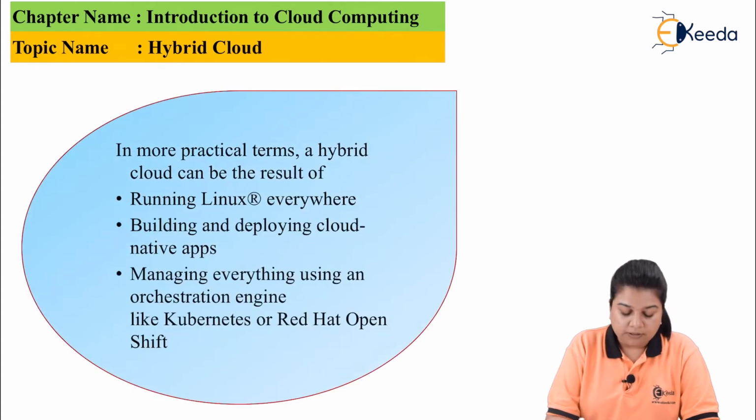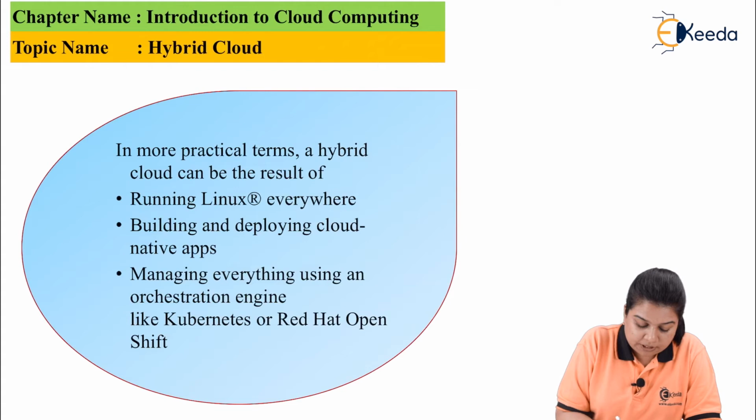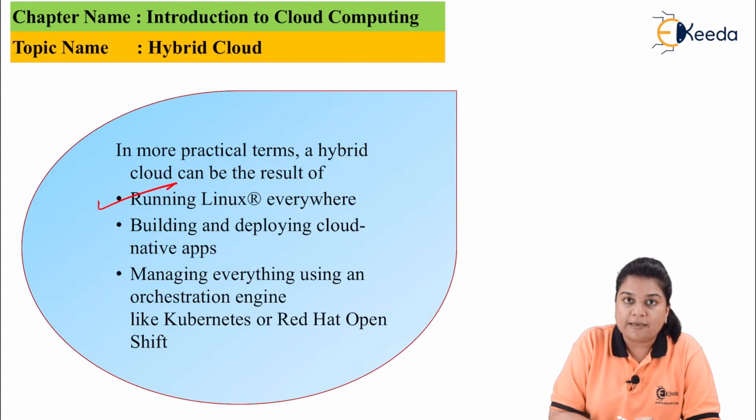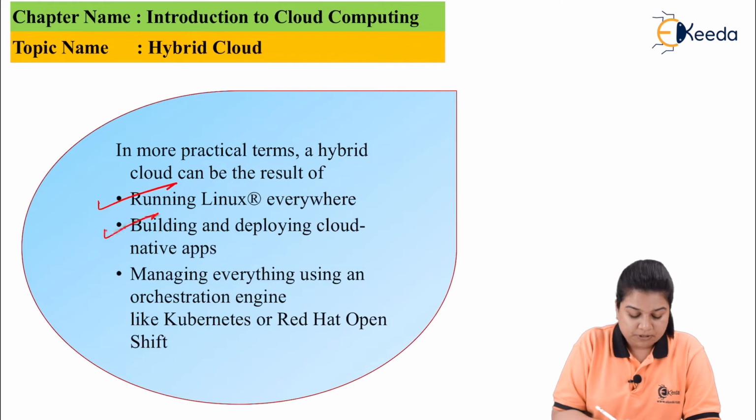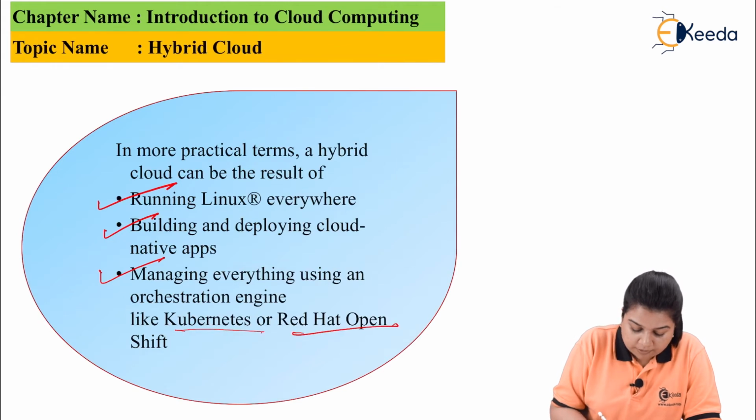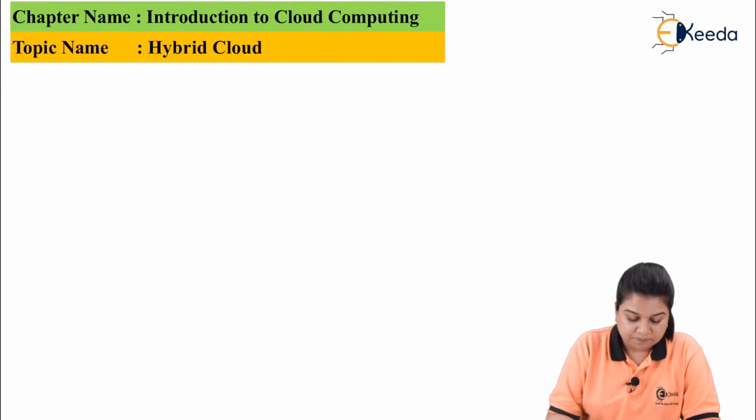In more practical terms, a hybrid cloud can be the result of running Linux everywhere, building and deploying cloud-native apps, and managing everything using an orchestration engine like Kubernetes or Red Hat OpenShift.